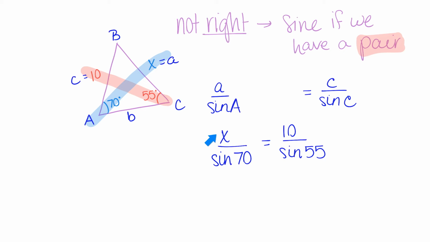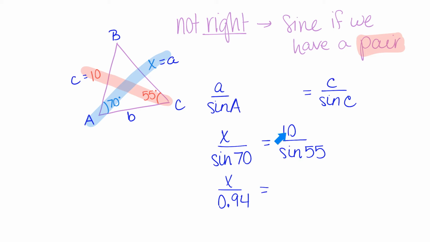I'm trying to solve for x as per usual. To do that, I need to start by finding the sine of 70 and of 55. The sine of 70 is 0.94. So I've got x over 0.94, and that equals 10 divided by the sine of 55.